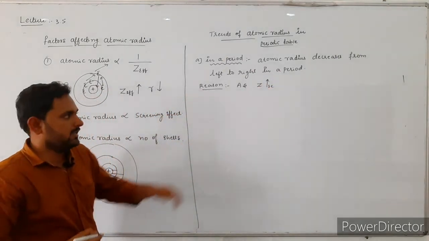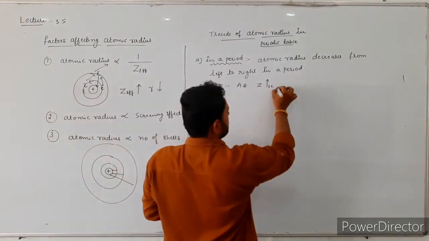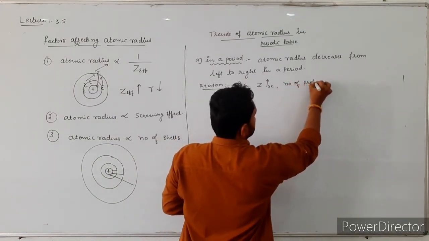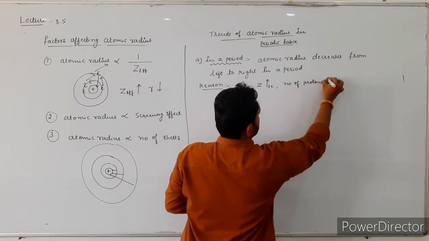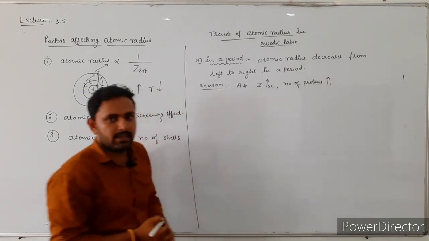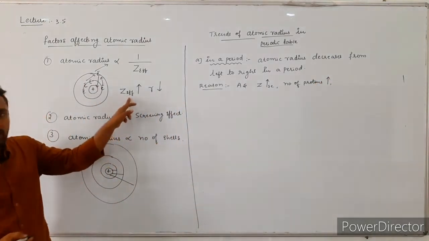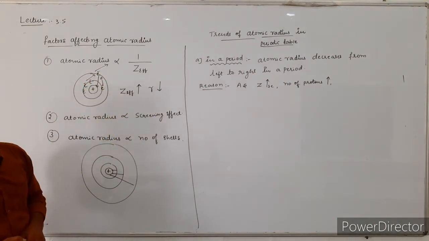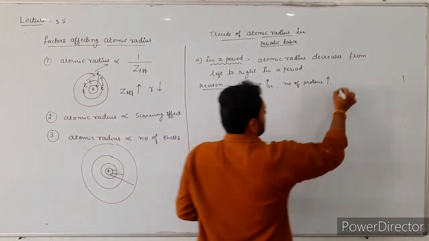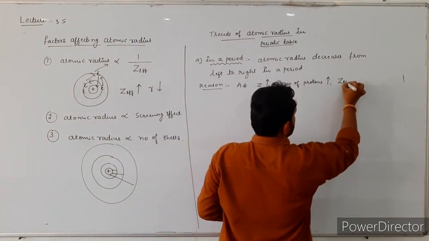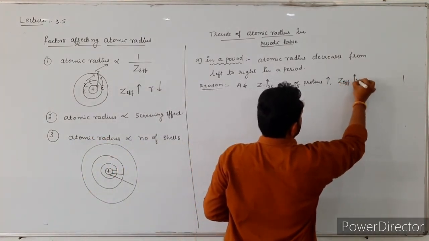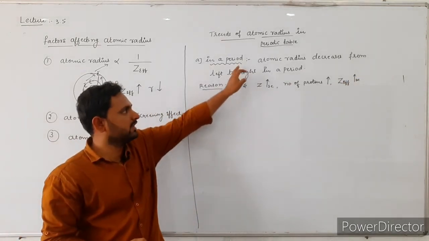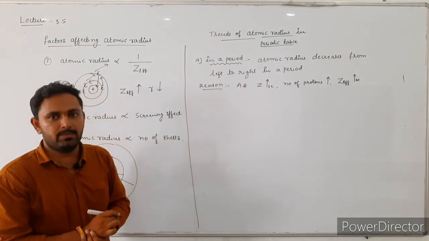Atomic number. As atomic number increases, number of protons increases. As number of protons increases, then effective nuclear charge, which means the real attraction on outermost electron, increases. Effective nuclear charge increases. This is the reason why atomic radius decreases from left to right in the periodic table.